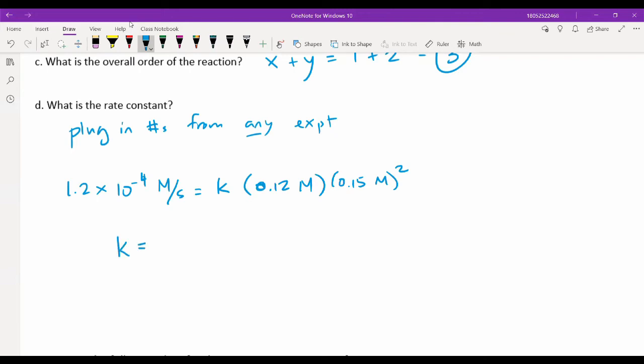So what I got for the value was 0.044, and if we analyze this, it's 1 over molarity squared per second, or sometimes written like this, because capital M is moles per liter, right? So if you have molarity in the denominator, that's the same as liters over moles. So same thing here.